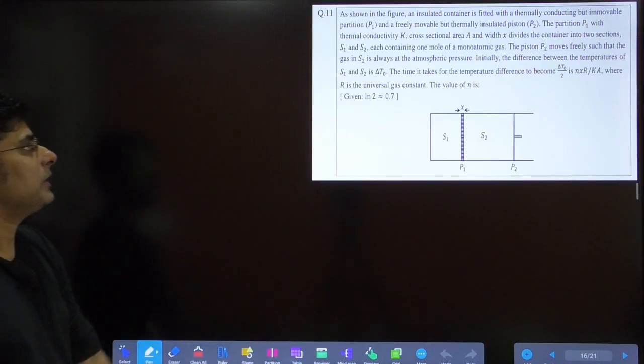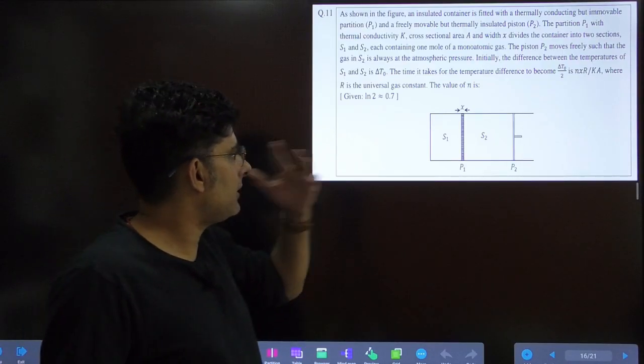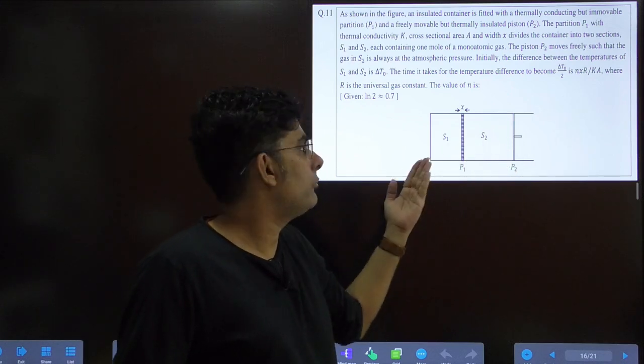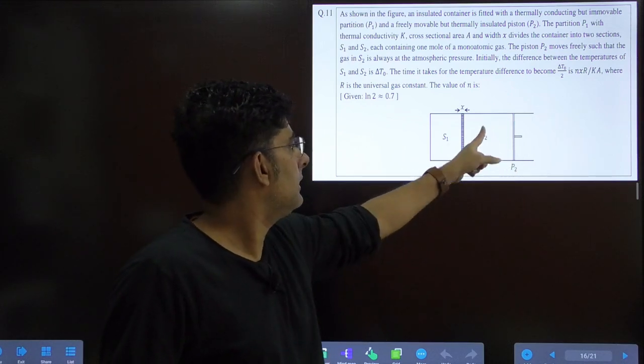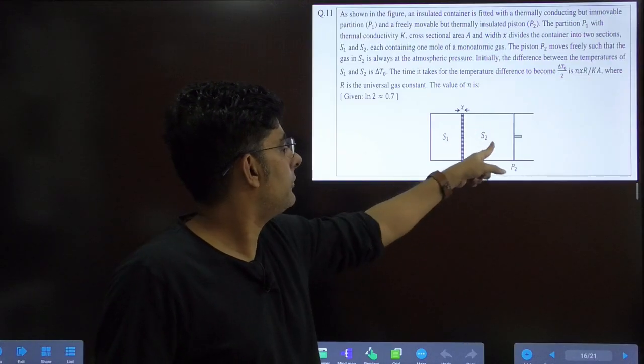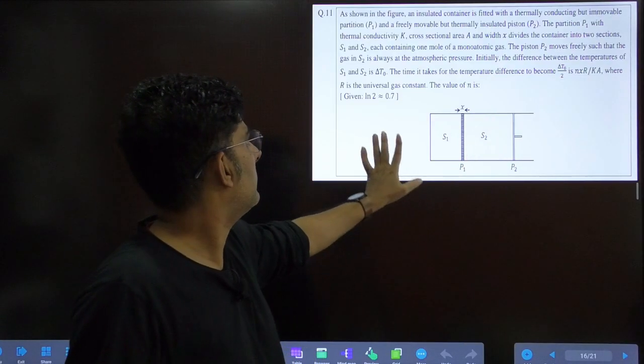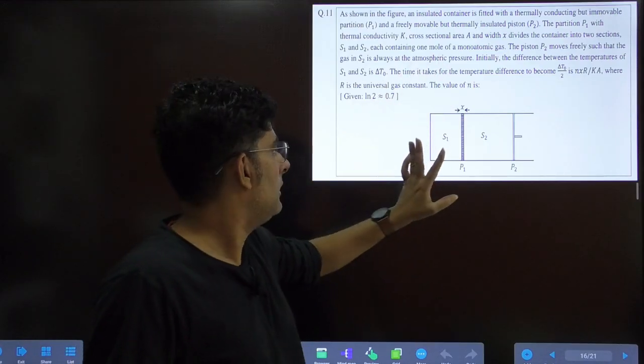Okay, let's see question number 11. In this figure we have an insulated chamber and there is a piston P2 which can move freely such that the pressure of the compartment S2 is always constant and equal to atmospheric pressure, right?